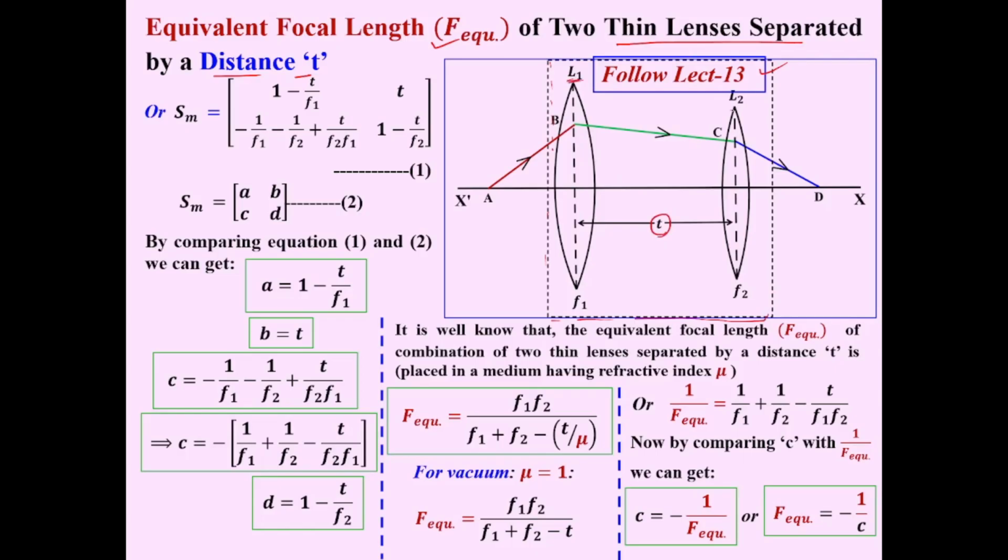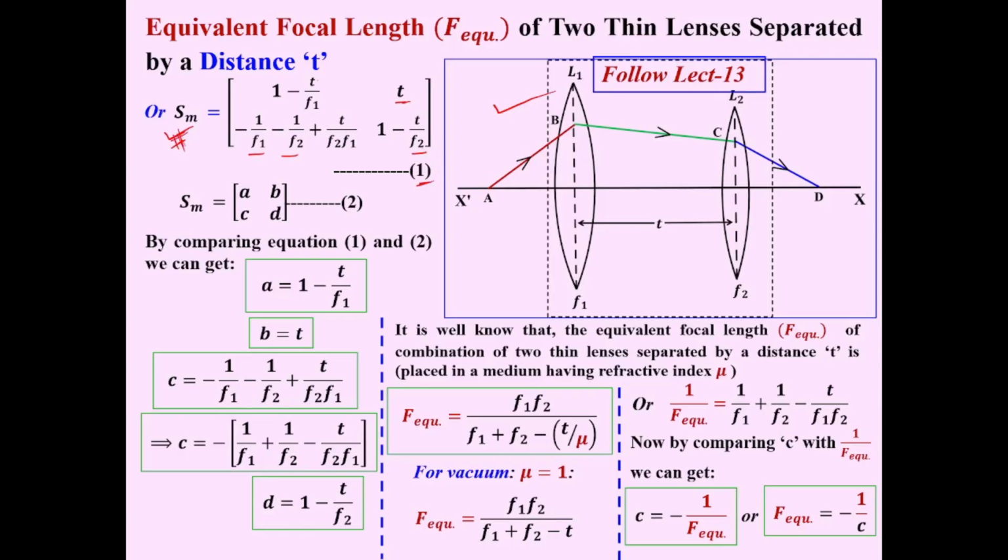Lens L1 has focal length f1, and L2 has focal length f2, and we found the system matrix of this optical system to be: 1 minus t/f1, t; minus 1/f1 minus 1/f2 plus t/(f1 f2), 1 minus t/f2. This is equation number 1, the general expression for two thin lenses separated by a distance t.